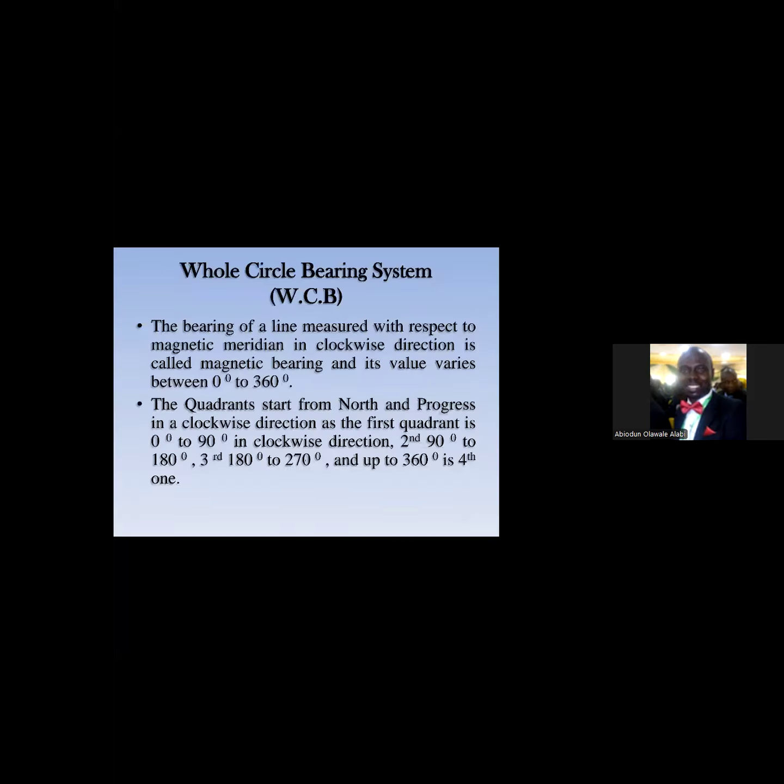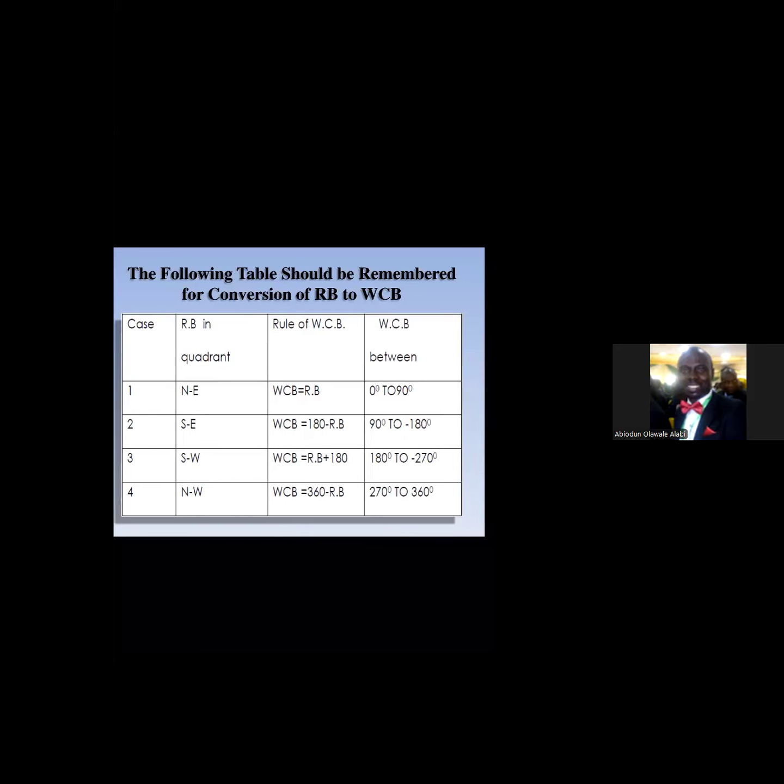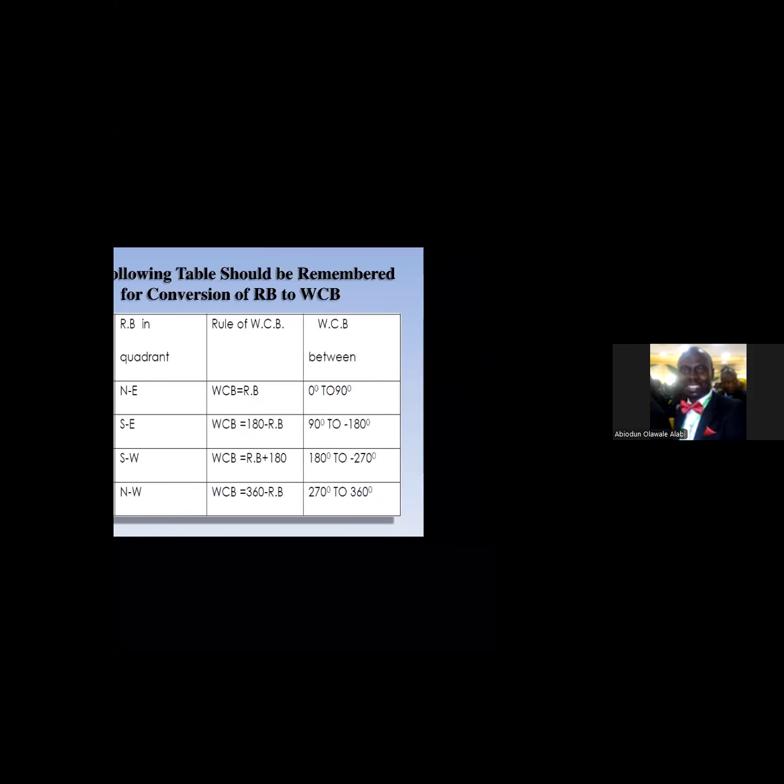We've looked at designation of bearings. We've looked at reduced bearing. We've looked at how to convert whole circle bearing to reduced bearing and vice versa.